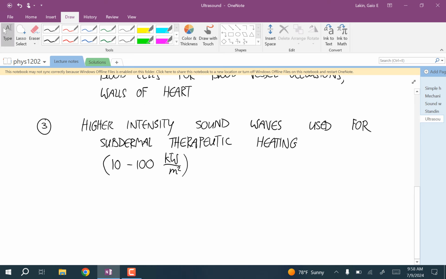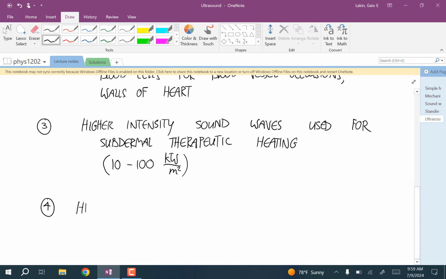So this is a range where you're going to heat up the tissue, but you're not going to damage the tissue. And then the final application is sometimes in surgical applications, you do want to damage the tissue. You're trying to kill certain tissues.